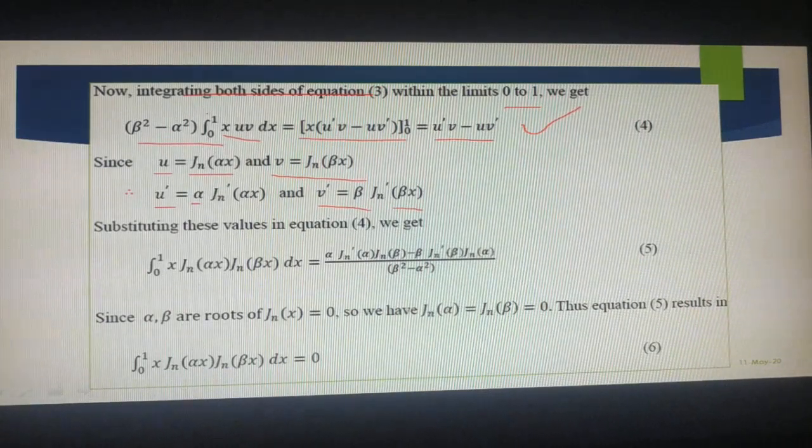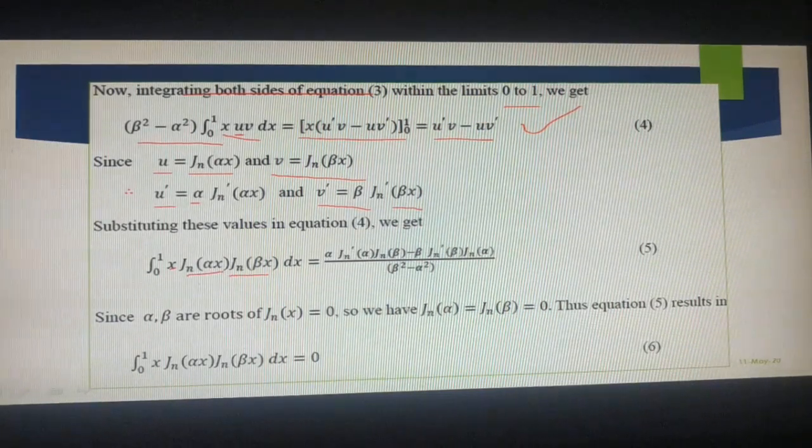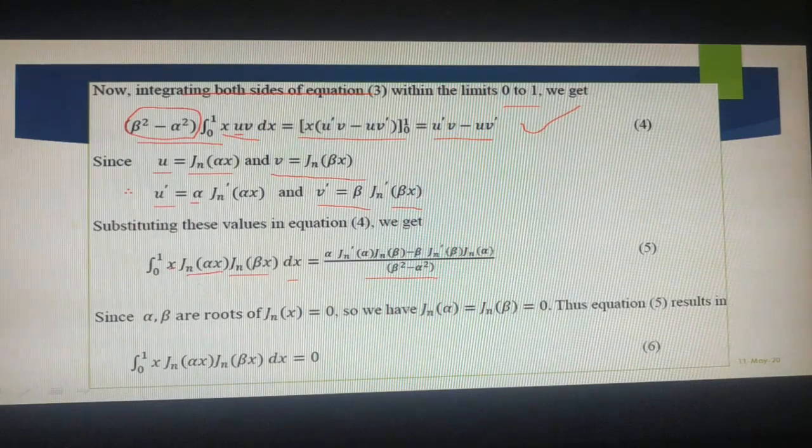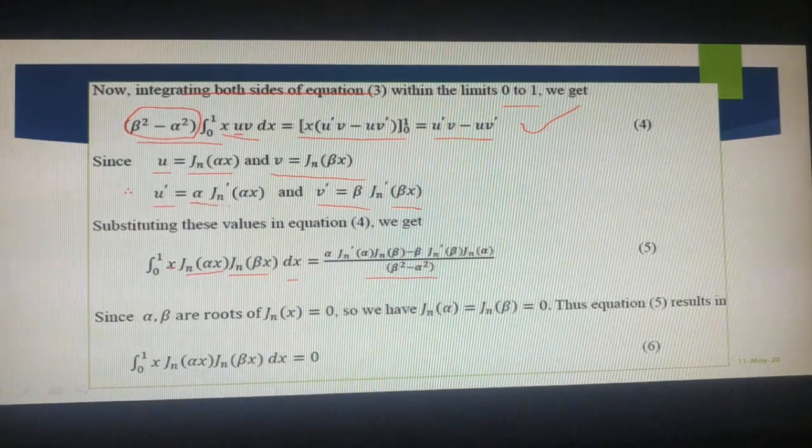So now, as you see, integral 0 to 1 x, and in place of u here I am just substituting jn of alpha x in equation 4 and jn of beta x in place of v into dx. This beta square minus alpha square I am taking on the other side because it's a constant, and on the right hand side we have u dash v. U dash means this is your u dash.